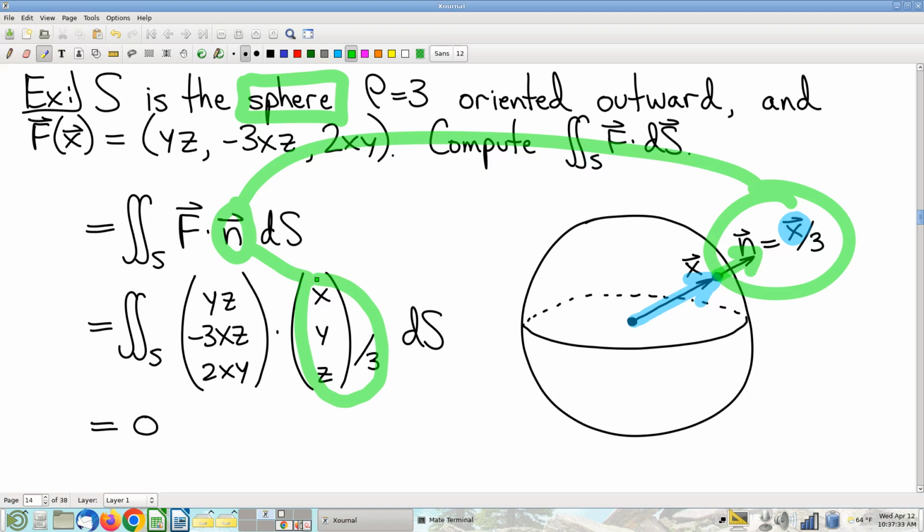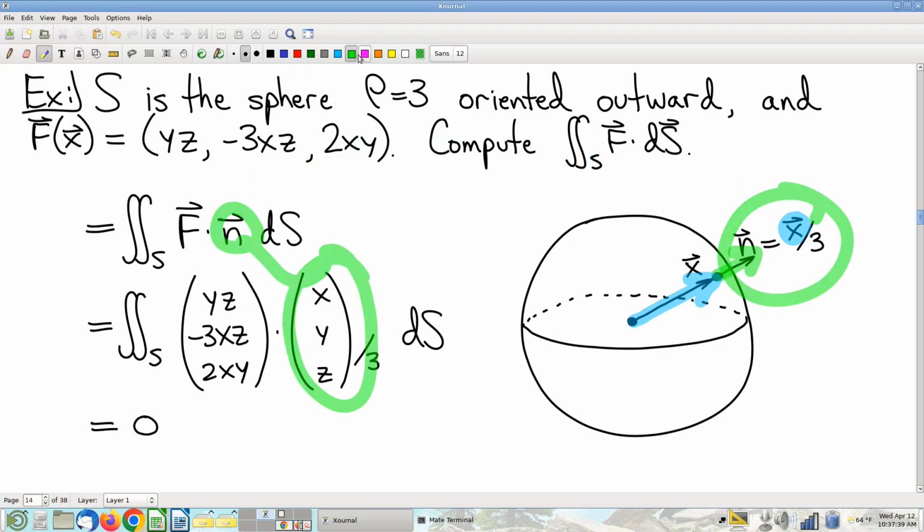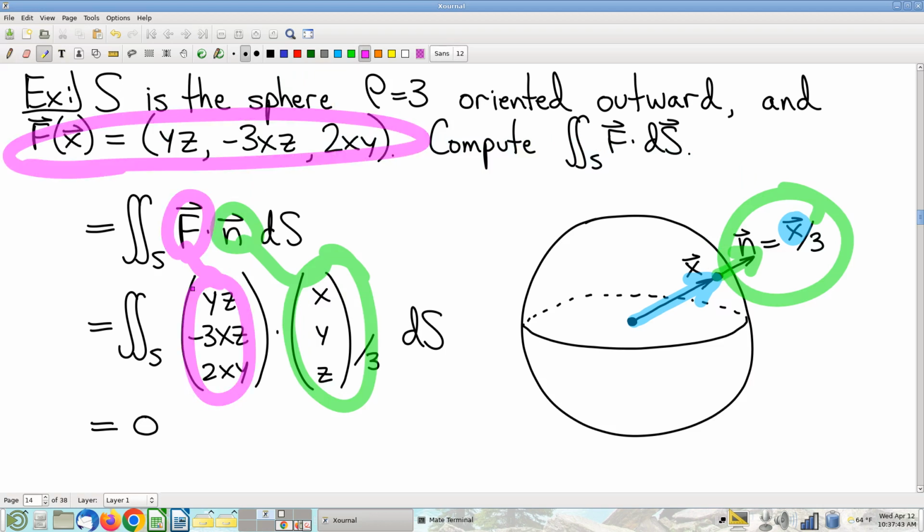But in this case, notice it works great because using this formula for my normal vector and taking the given description of the vector field, you can just instantly notice that this dot product, and therefore the entire integral, is 0. We walk away. We're done. We didn't have to deal with any trig at all. Everybody see what happened there?